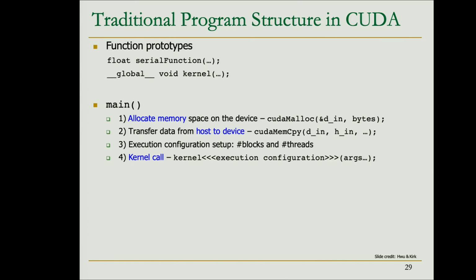At least A, B, and C, right? When doing GPU programming, we will typically use dA, dB, dC in order to distinguish them from the copies that we have on the CPU side, right? Those will be typically h.